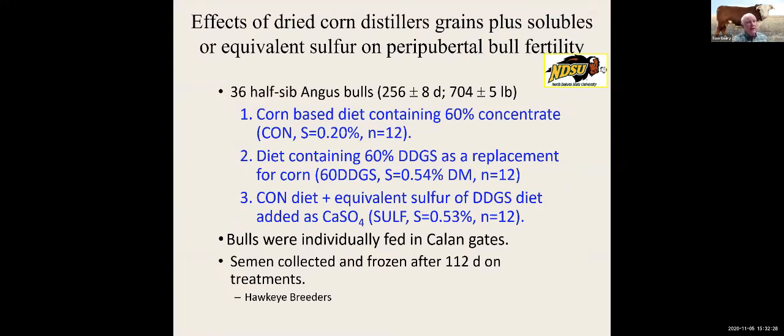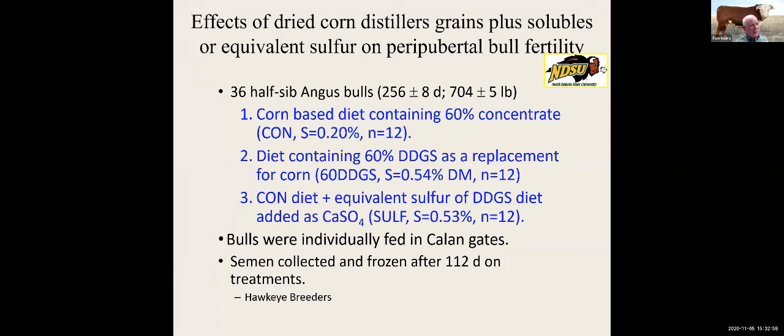So another study that we conducted with Carl Dahlin was looking at the effects of dried corn distiller's grain plus solubles, DDGS, which is high in sulfur, or a diet that had equivalent sulfur, on peripubertal bull fertility. This included 36 half-sib Angus bulls in this study that had been weaned a couple of months prior. The weights are shown there as well.